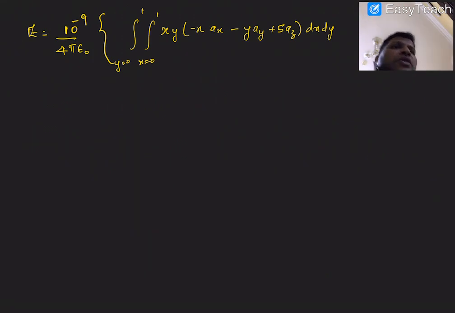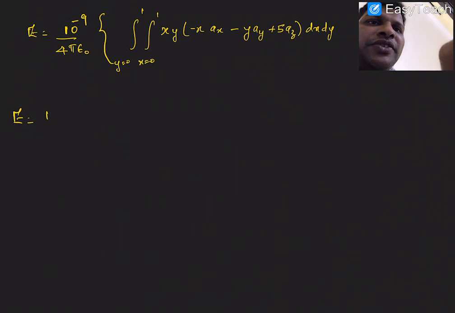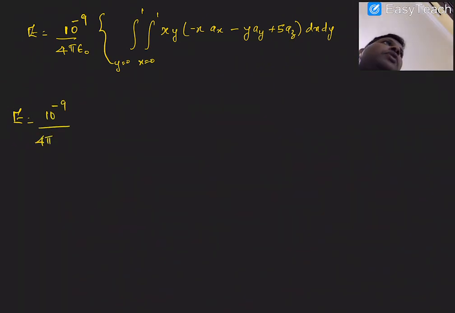Now you can proceed. So what you can do to integrate now. You will get the electric field as 10 power minus 9 divided by 4 pi into epsilon 0, where epsilon 0 is given as 10 power minus 9 divided by 36 pi.